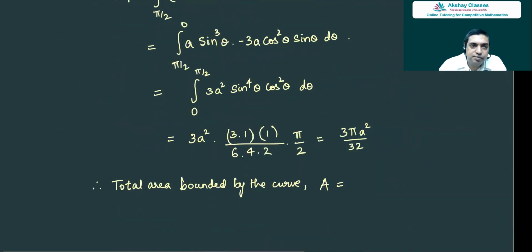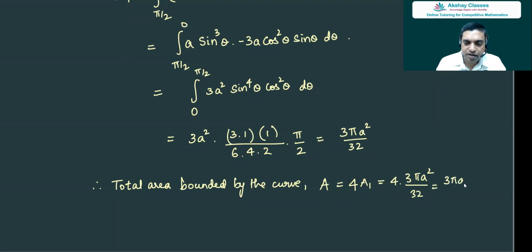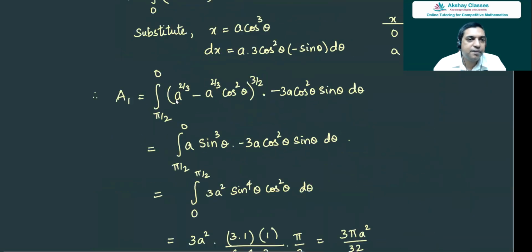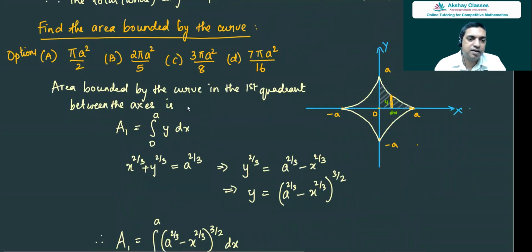So it's 4 times A1. So 4 times 3 pi A square upon 32. This is 3 pi A square upon 8. So this is the correct option.